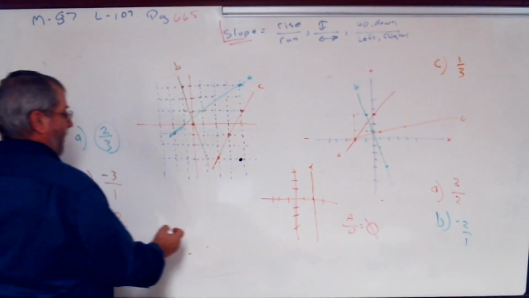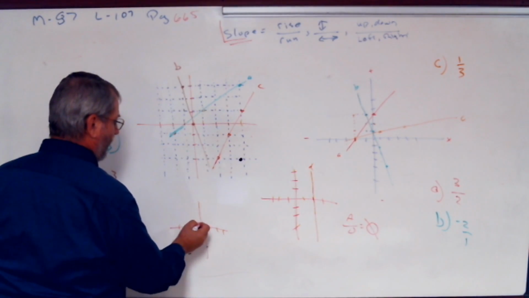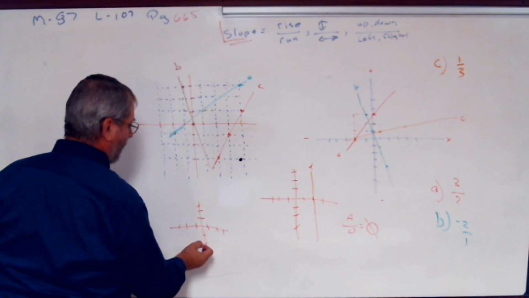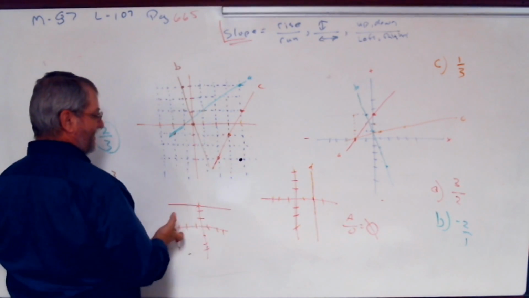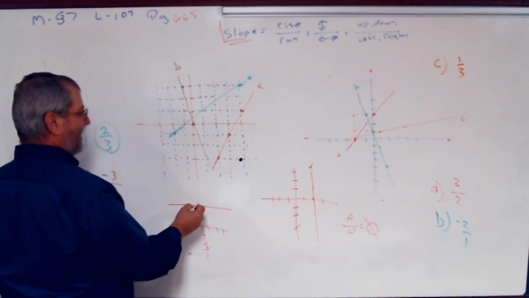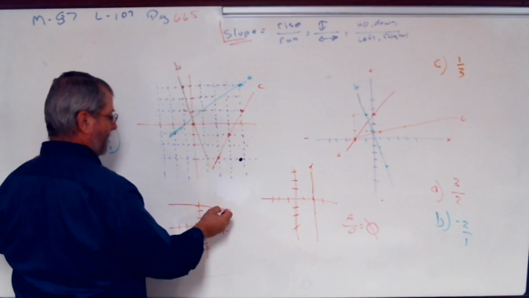Okay? The other special case is this one here. Now this one never passes the x-axis. It has no up or down, but it does have a left-right. Does that make sense?